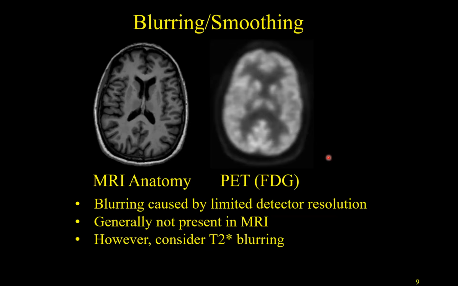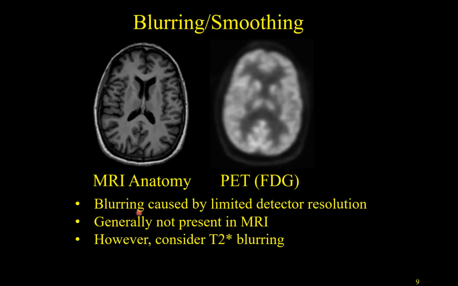The other type of partial volume flavor is blurring or smoothing. You can see it here in this PET image. This is FDG, fluorodeoxyglucose, basically radioactive sugar. As it comes through the PET scanner, this is what the reconstruction looks like. You can see that it's very, very blurry. It's essentially like taking your volume and smoothing it with a Gaussian filter.